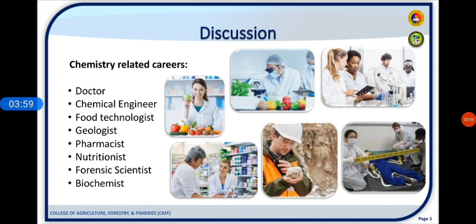Okay, we also have forensic scientists. A forensic scientist, or sometimes called forensic science technician, identifies, collects, and examines physical evidence found at a crime scene. So you are very familiar with SOCO, diba? So some of the scientists there that study the evidence gathered from the crime scene, they are called forensic scientists.